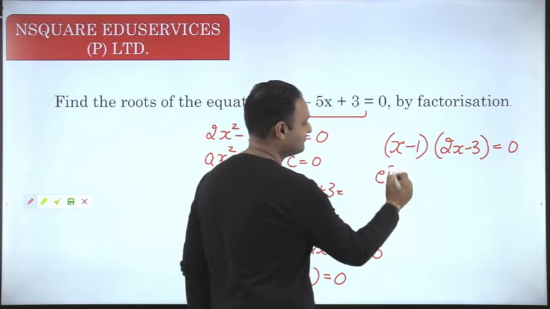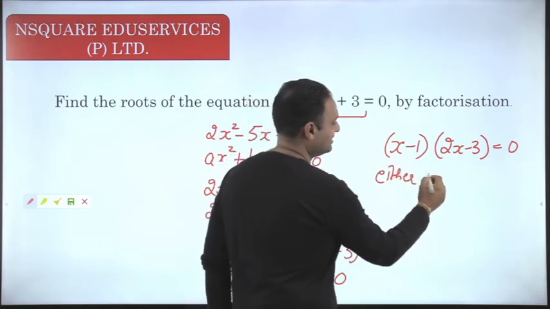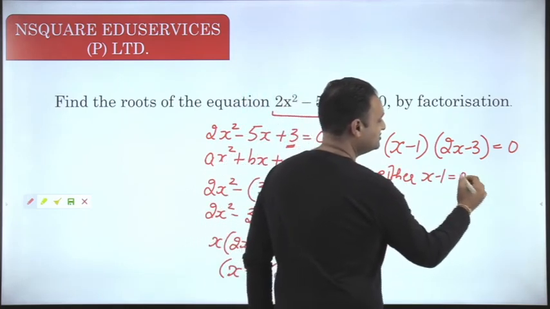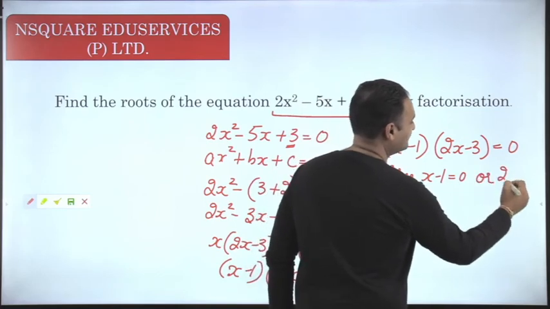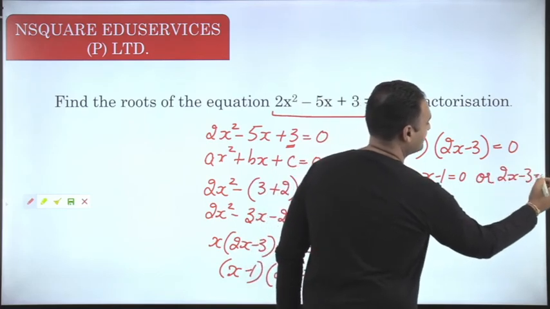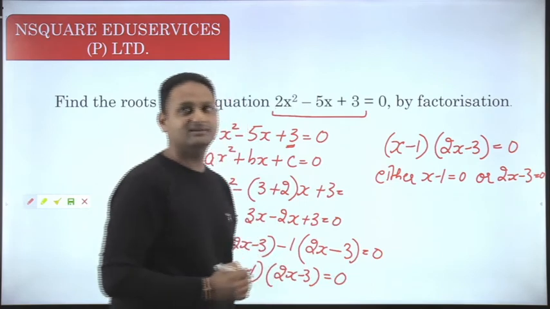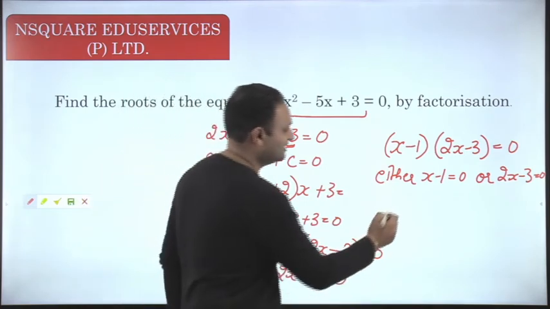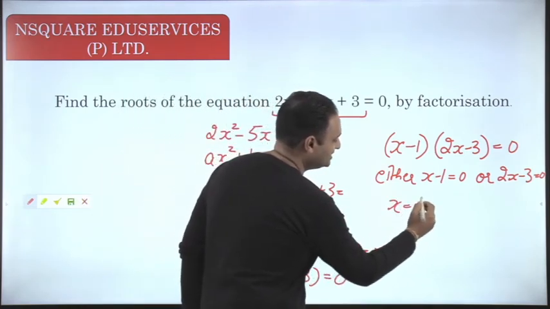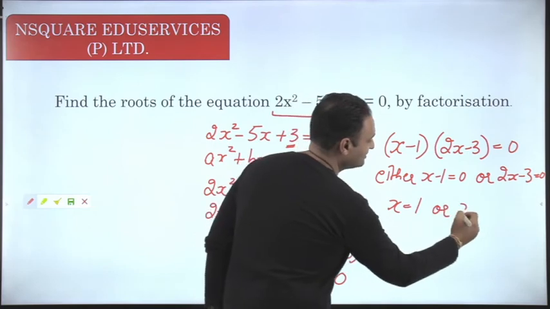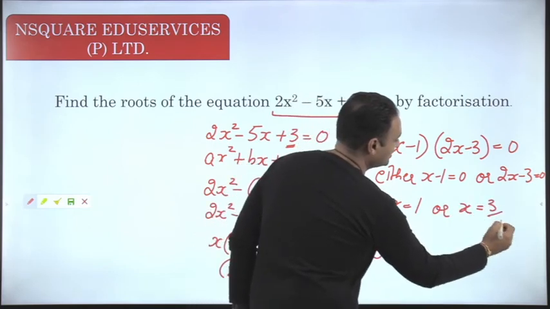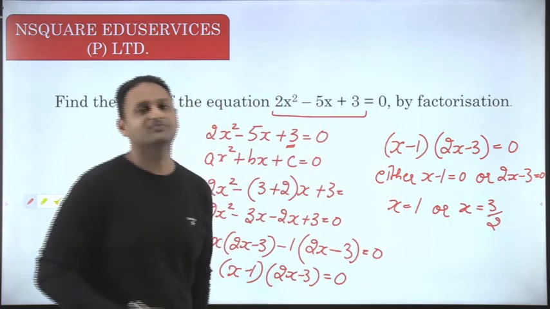So either x minus 1 equal to 0 or 2x minus 3 is equal to 0. Solving these both, we get x equal to 1 or x is equal to 3 by 2.